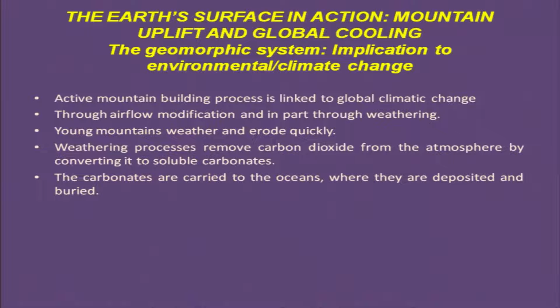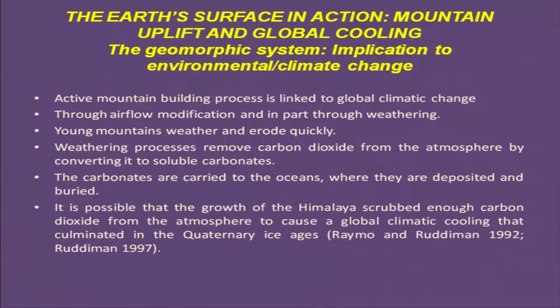The carbonates are then carried to the oceans where they are deposited and buried. If you keep on increasing the height of a mountain, the erosion will be faster, and that will remove carbon dioxide from the atmosphere and convert it to soluble carbonates, which will be further deposited in oceans and buried.